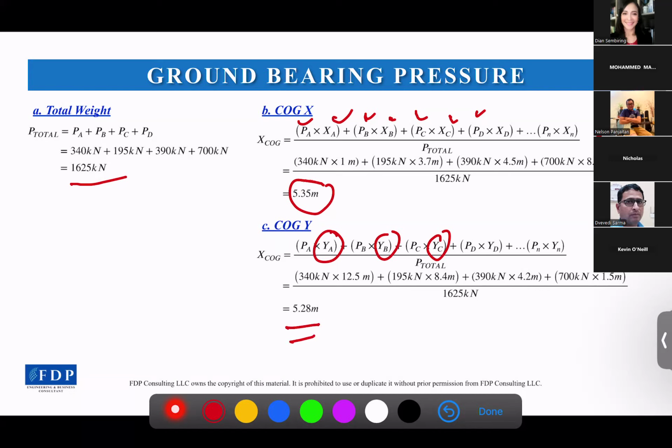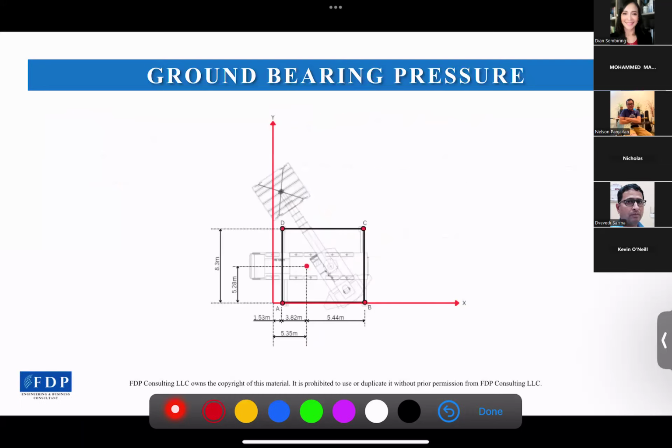And if you want to get the COG in Z direction, you can use the Z coordinates in the formula here. But in this case, we will not use that to calculate the ground bearing pressure. So that's how to use this formula.